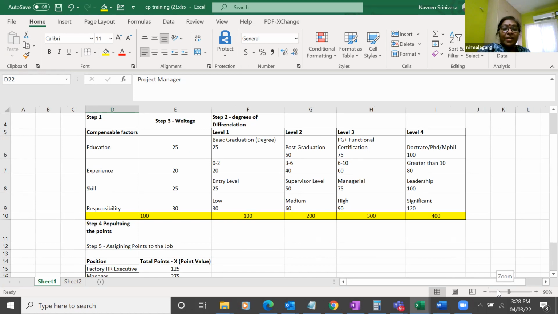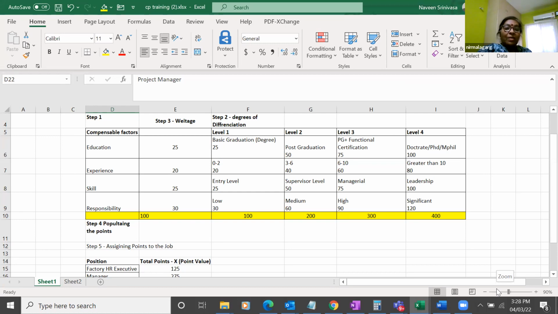So here we have said we are going to take 4 levels: level 1, level 2, level 3, level 4. With the increase of level, the intensity of that particular compensable factor will increase. For education, we have written the descriptors just like job grading, but ensuring that there is no overlap.